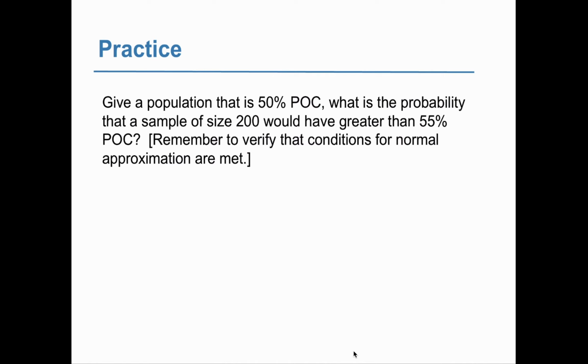So, given a population that is 50% people of color, what is the probability that a sample of size 200 would have greater than 55% people of color? Remember to verify the conditions. So np is 100: our n is 200, our p is 0.5, and n times 1 minus p is also 100. That satisfies the large counts condition.